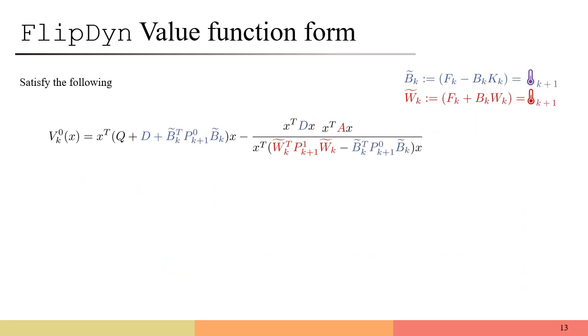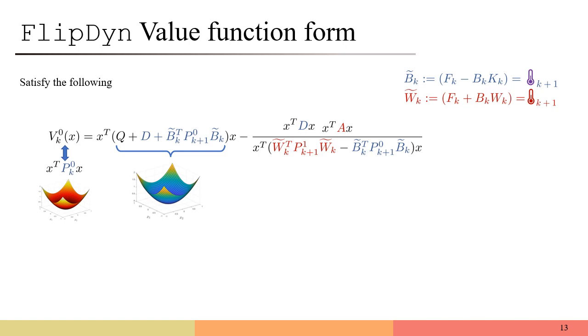Such a quadratic form must satisfy both sides of the value function equation. Plugging in the linear dynamics, we obtain the final value function form as shown here. Therefore, on the left we have a quadratic form, and this needs to equate to the right-hand side equation. We notice we can club some of the terms as a quadratic. This is the defender takeover quadratic cost.